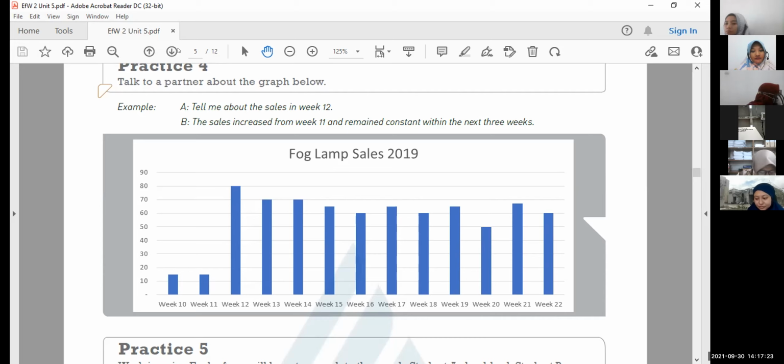The sales, I think, slightly drop between week 14 until week 16, Miss Tita. And how about week 16 until week 22, Miss Tita? The sales fluctuated from week 17 until week 22. Oh, yeah. Thank you, Miss Tita.